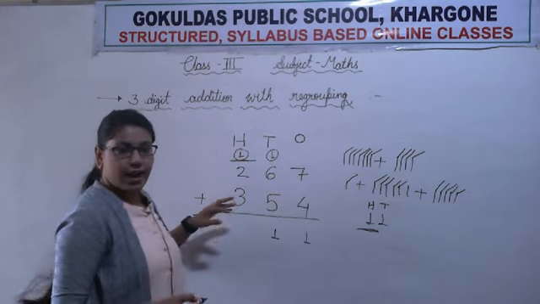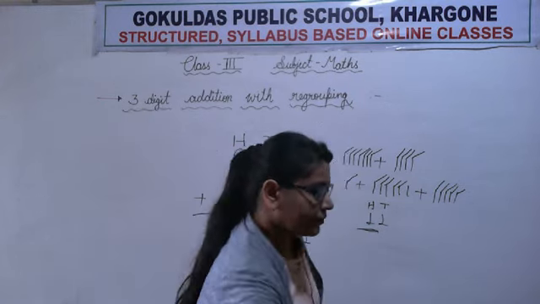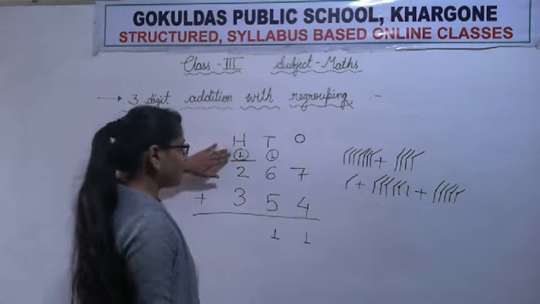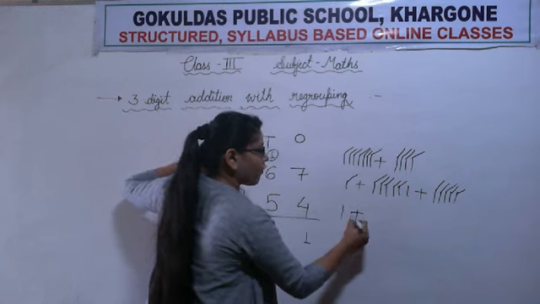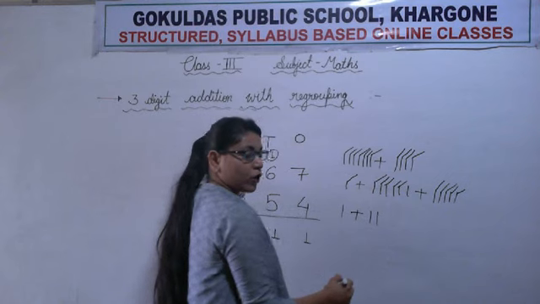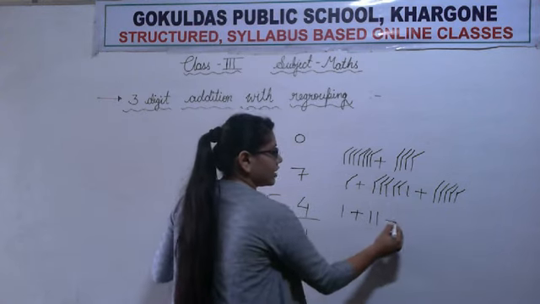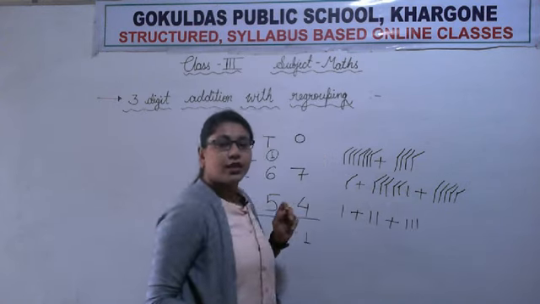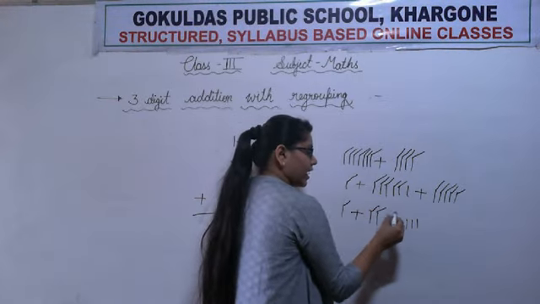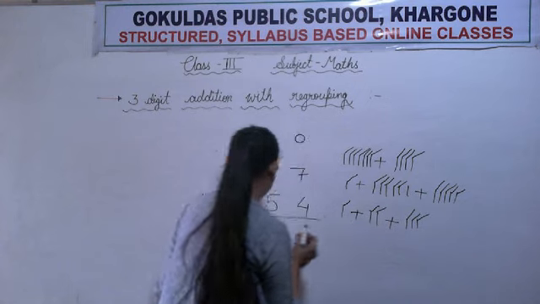So now let's add the hundreds column. One is there first of all, so we will draw one stick for it. Now the second is 2, so we will draw 2 sticks for it, and the last digit is 3, so we will draw 3 sticks for it. Now let's add: 1, 2, 3, 4, 5, 6.